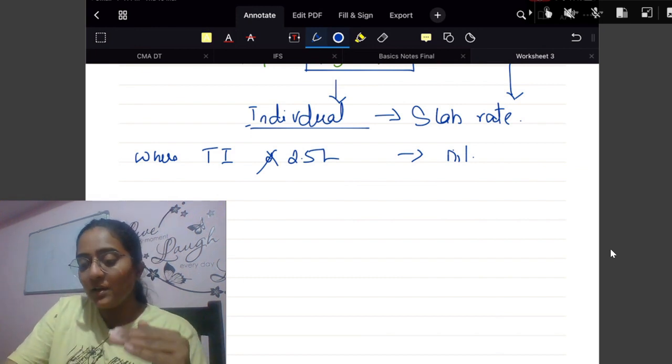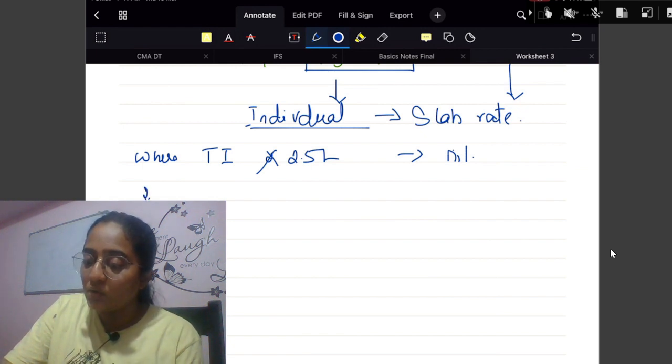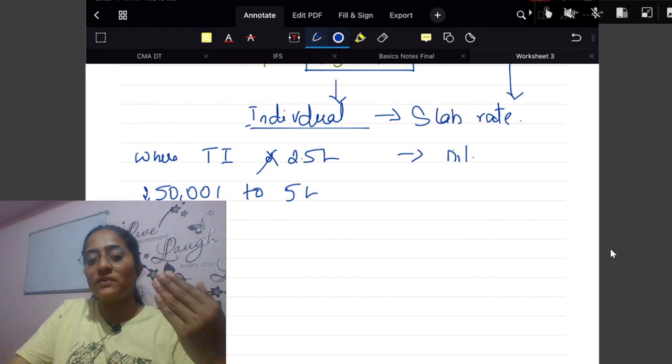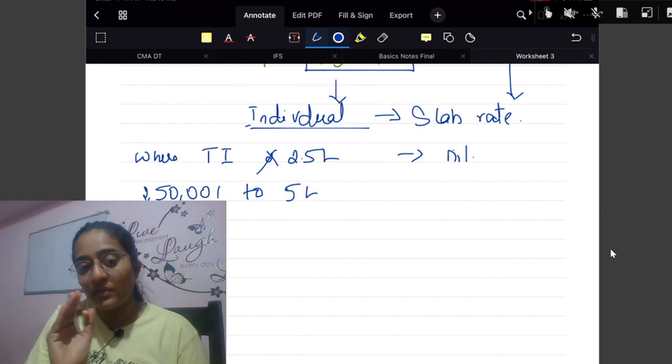But if your income increases from 2.5 lakh, that is from 2,50,001 to 5 lakh, that is, your income is more than 2,50,000, you have reached a slightly higher level, but it is less than 5 lakh.